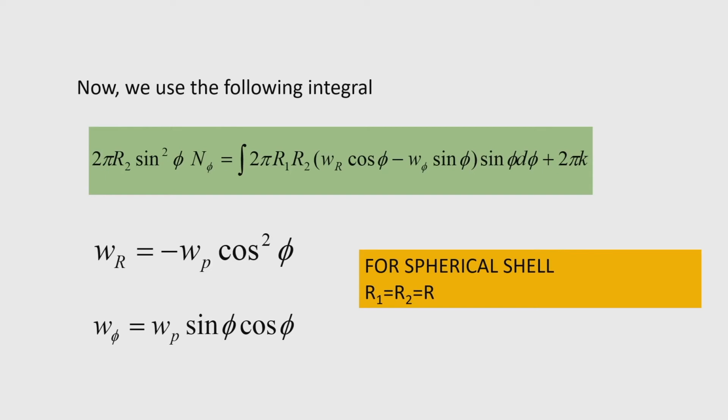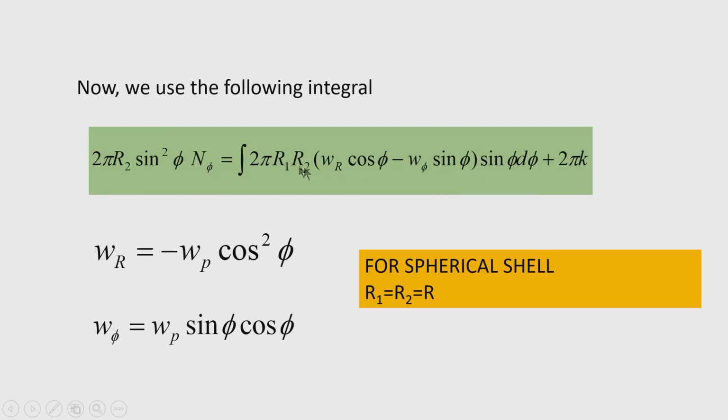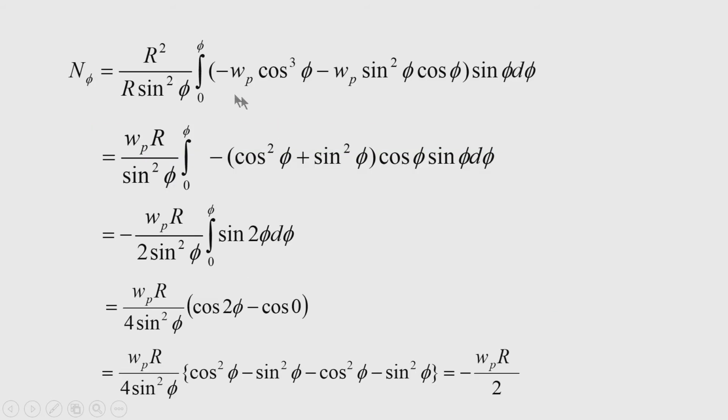So, this integral is obtained, and we now use this W r and W phi that we obtain for the projected load. So, by using this quantity W r is equal to minus W p cos square phi and W phi is equal to W p sin phi cos phi, we now write this equation, and then we obtain this n phi by systematic integration of the quantity.